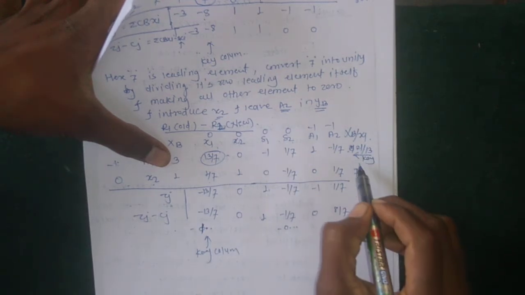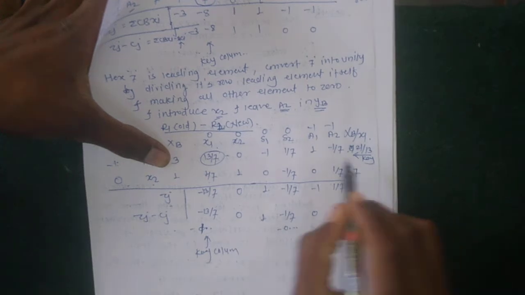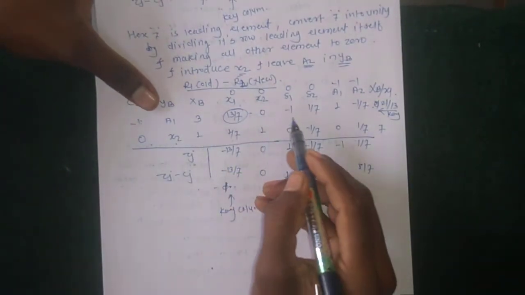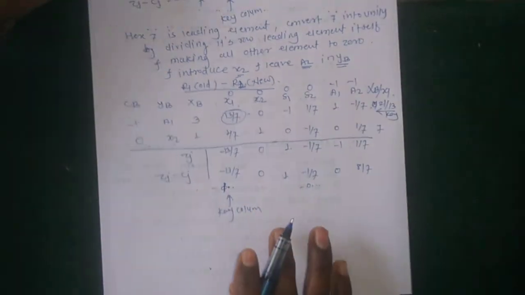Here 21 divided by 13 is the minimum, so our key row is the first row, and the leading element is 13 by 7.